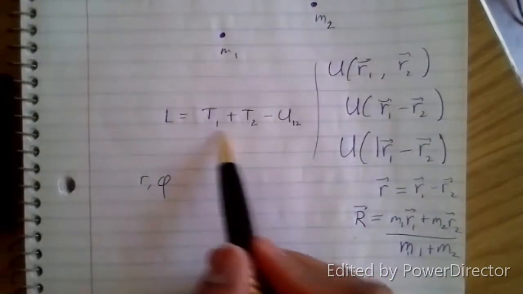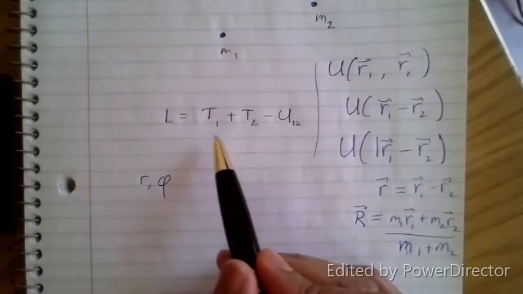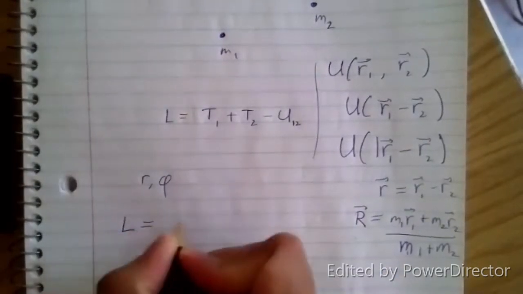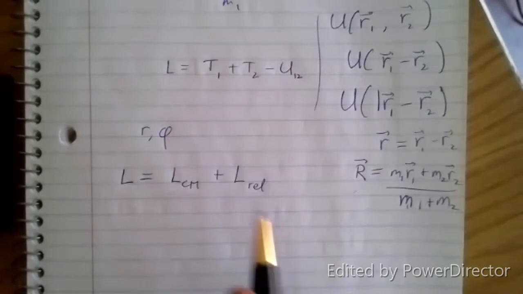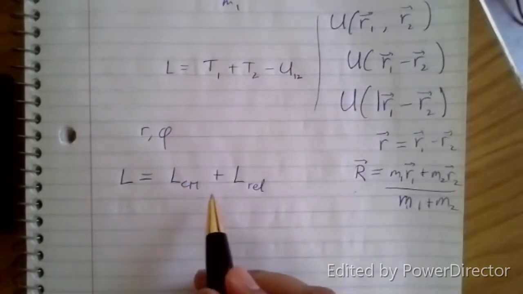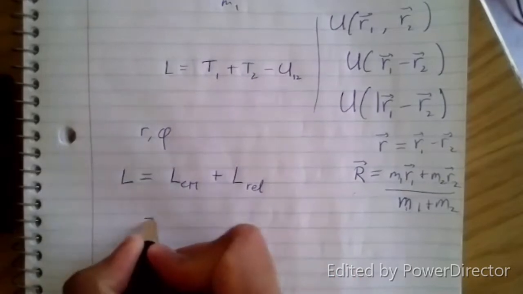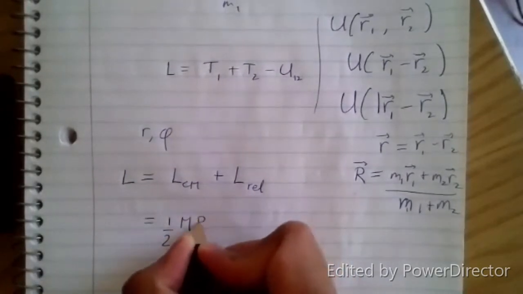So if we follow through the transformations of shifting from R1 and R2 to these variables, it turns out that our Lagrangian ends up splitting very naturally into 2 parts. One is the Lagrangian for the center of mass. And since there is no external field of any kind, the only contribution to the center of mass ends up being the kinetic energy.